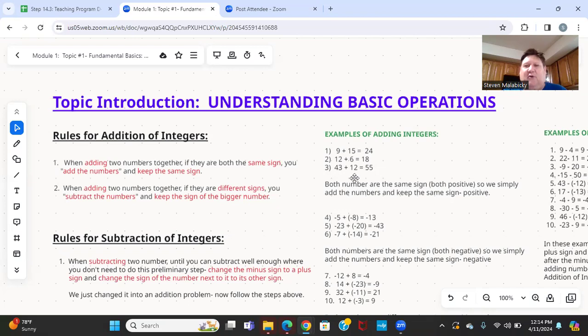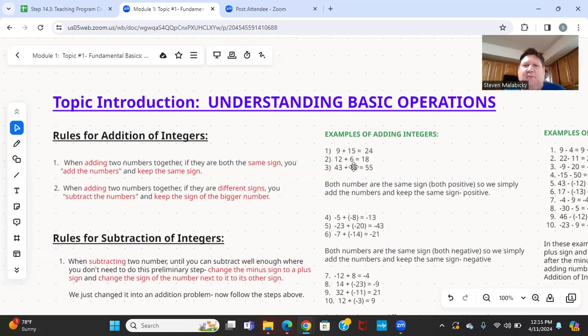And the first few are real basic. Obviously, when you're adding two positive numbers, you'll get a positive number back. But it just follows this rule that when they have the same sign, notice 9 is positive, 15 is positive, so they're the same sign. We're just going to add the numbers, and 9 plus 15 is 24. Okay? And we keep the same sign, so since both 9 and 15 are positive, the 24 is positive.